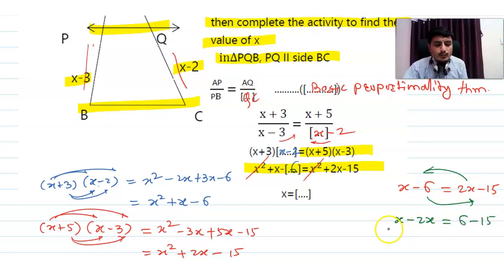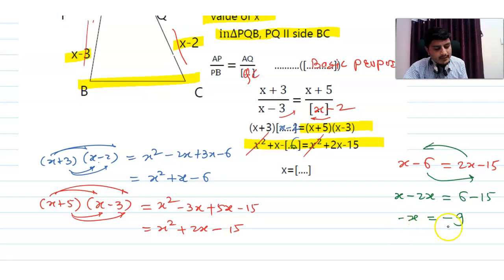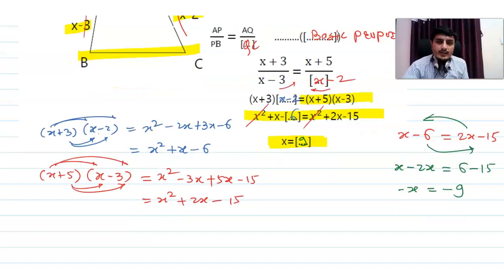X minus 2x are like terms, easily subtracted. So x minus 2x becomes minus x, and 6 minus 15 we have minus 9. Minus minus gets cancelled and gives us plus, so the value of x here we get is 9. So hence we have completed all three activities from question number 3a.